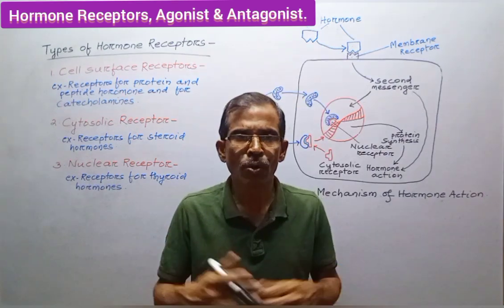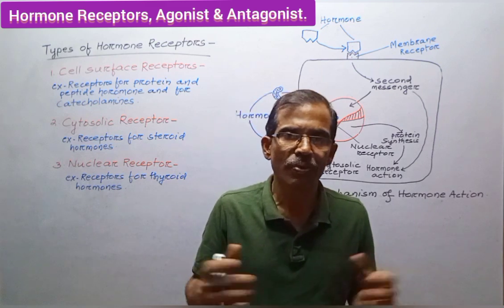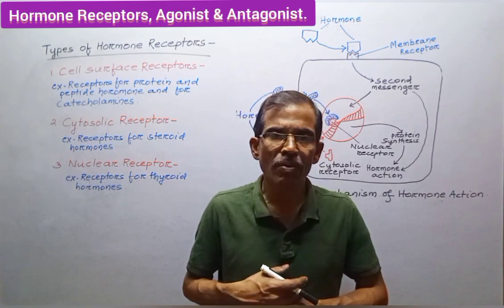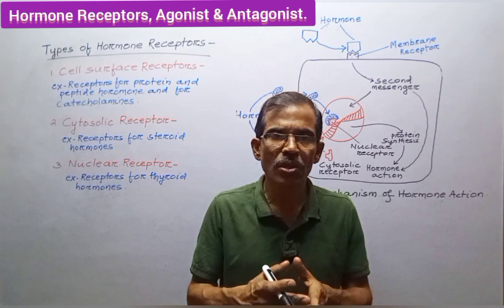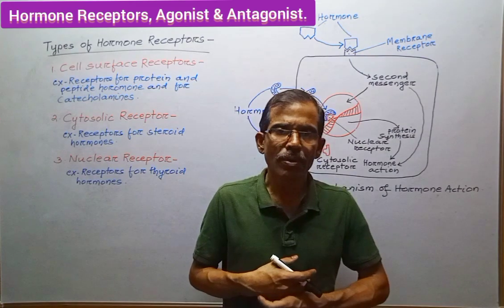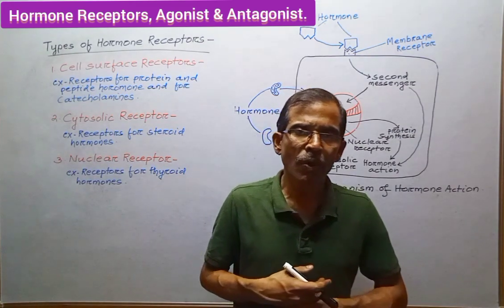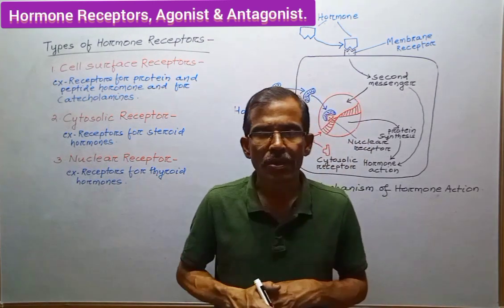For some hormones, receptors are located on the cell surface. For other hormones, they can be located either in the cytosol or in the nucleus. For example, protein and peptide hormones and also catecholamines are water soluble.